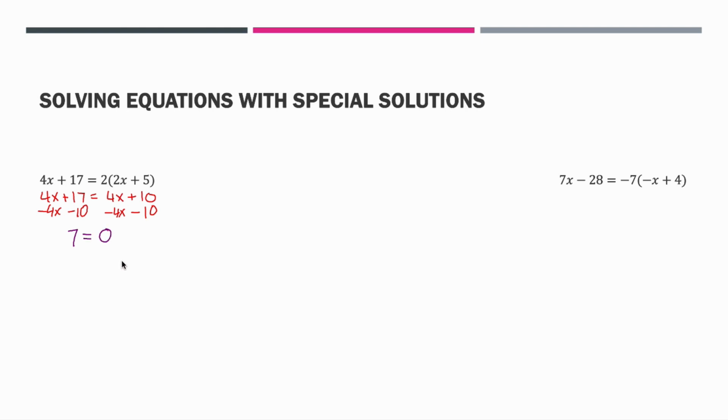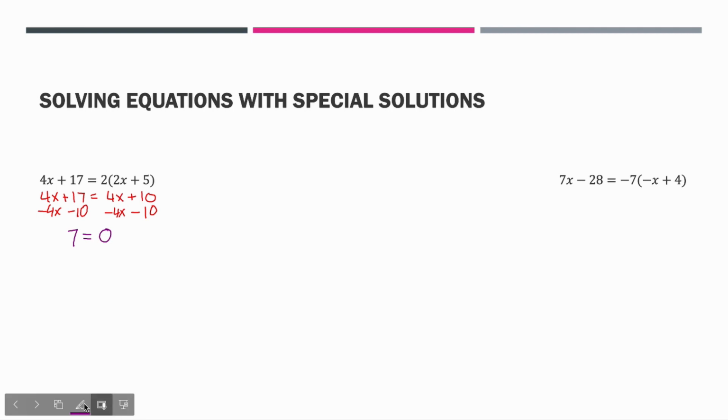Now, that's obviously not true, right? Because 7 can never be equal to 0. This signals to you that these two expressions have no solution at all. They never intersect. We'll see when I go to Desmos and show you on the graph what these two expressions look like.